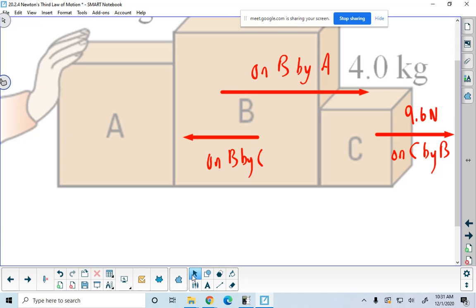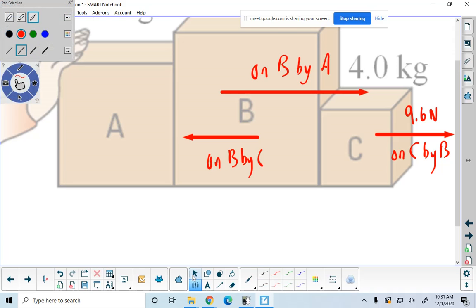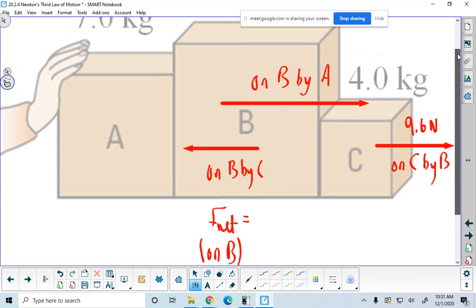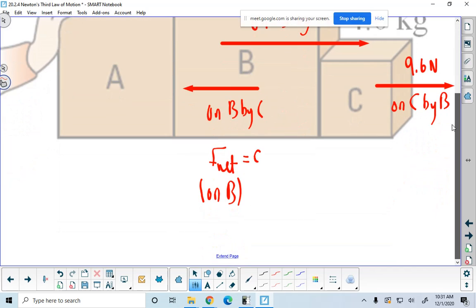Now, do we have enough information to calculate the net force on B? Well, of course. The net force on B is its mass times its acceleration. The mass on B is 9 kilograms, and its acceleration is 2.4 meters per second squared to the right.